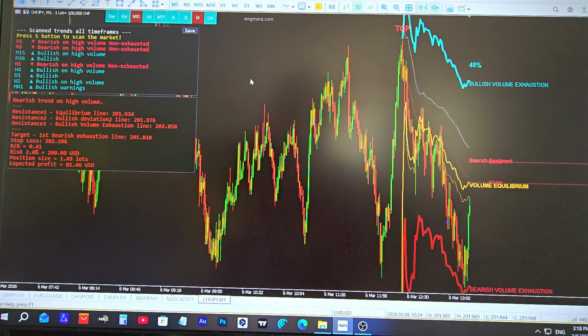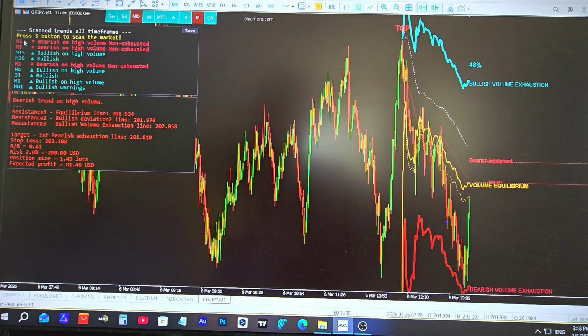Because that means we have volume inside a trend that has still not reached its target or exhaustion or some levels that are attractive for the traders who insert the volume into the market. The biggest one here is 1 hour.